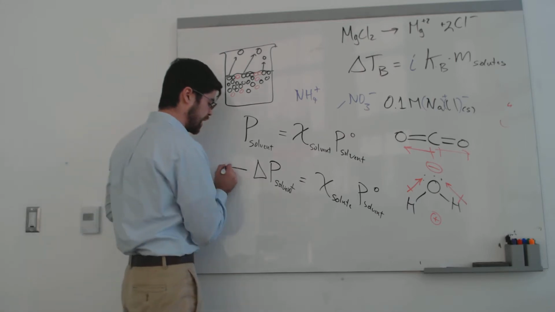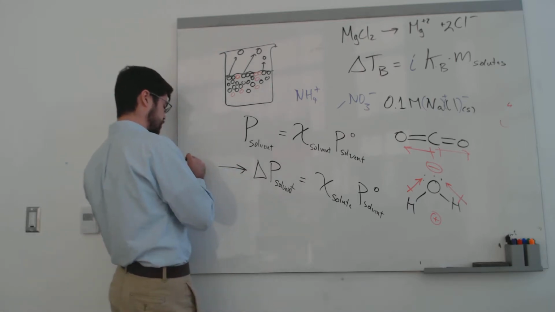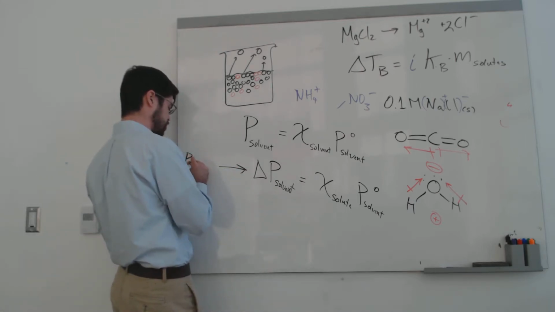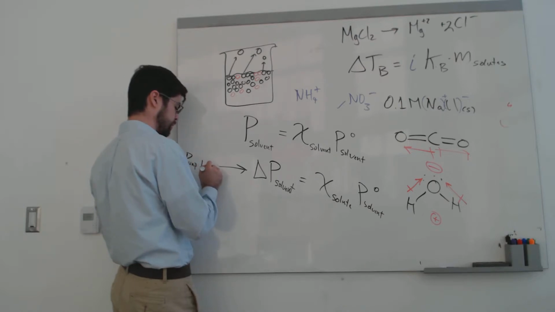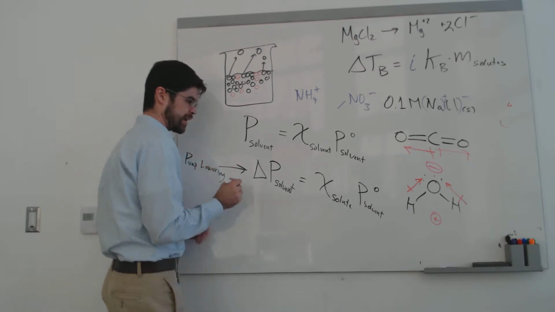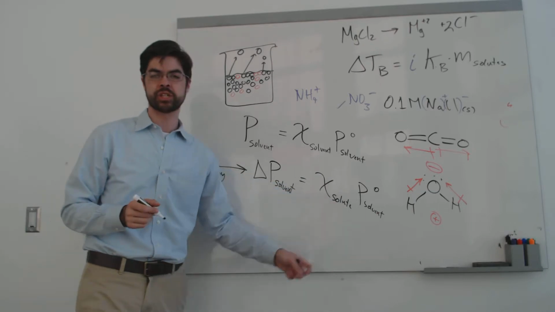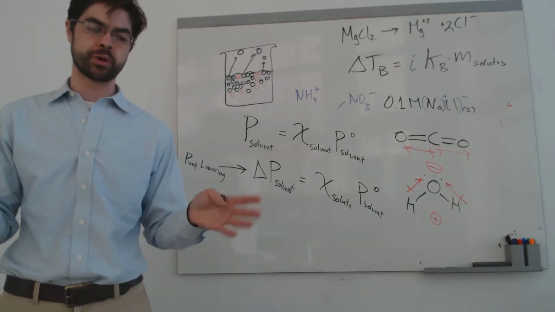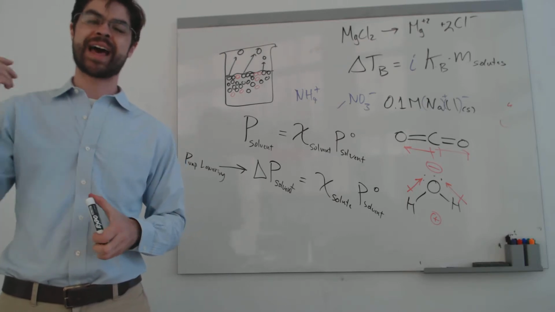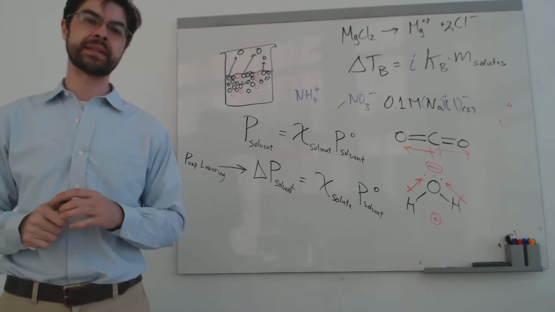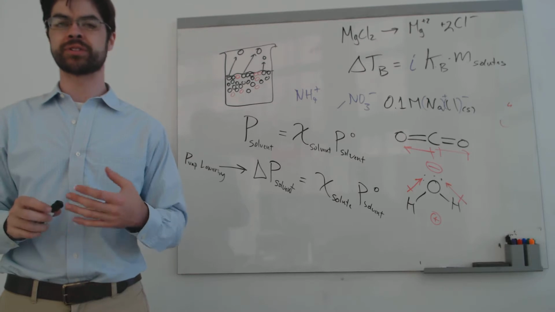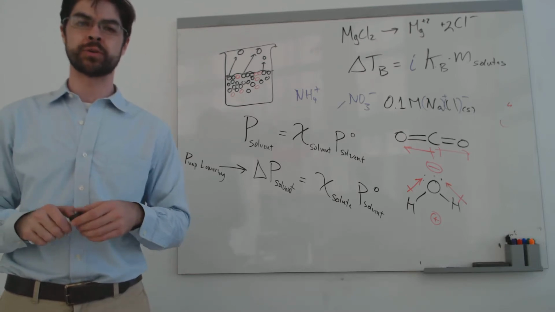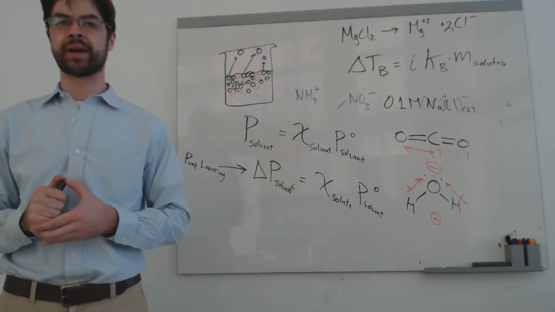So this is a property of solutions which we call vapor pressure lowering. And again, it only depends upon the mole fraction, the concentration of solutes, not necessarily what those solutes are. That's why we classify it as a colligative property. It's only determined by the amount of the solutes, not their identity.